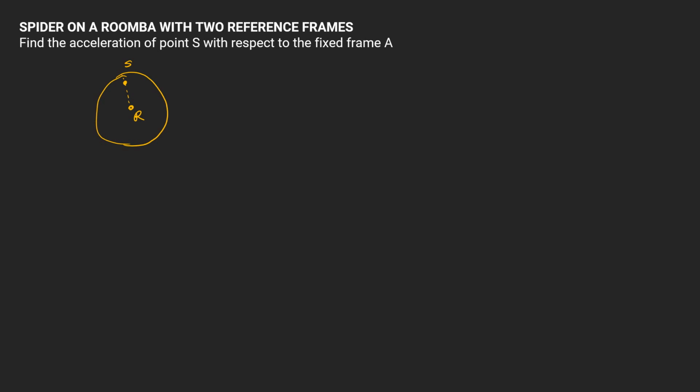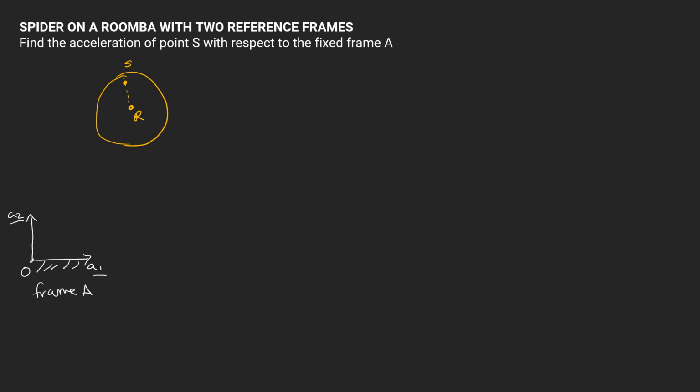And we want to ultimately find the acceleration of point S with respect to a fixed frame, frame A. And so, of course, in order to get to the acceleration, we have to first get the position and then the velocity vectors. Okay, so that's frame A.